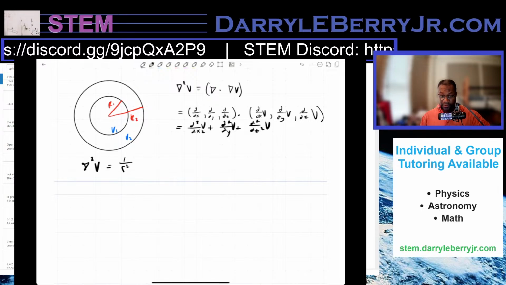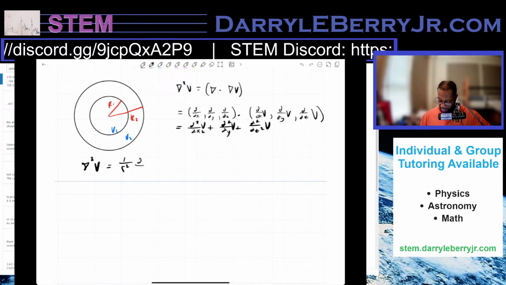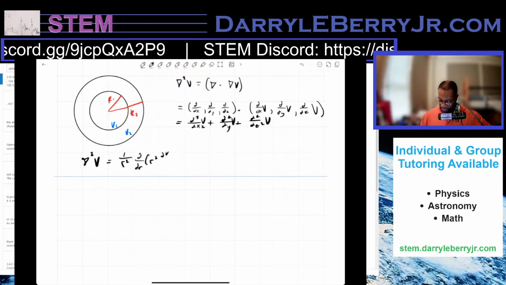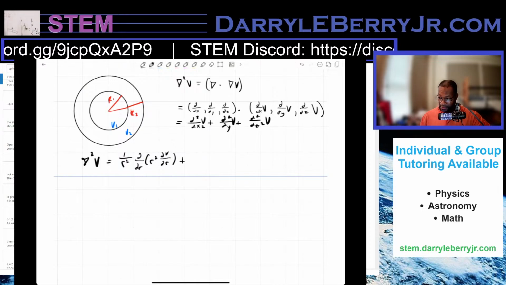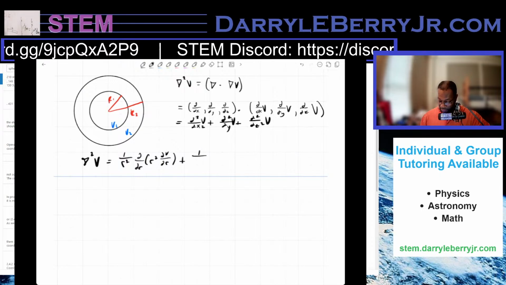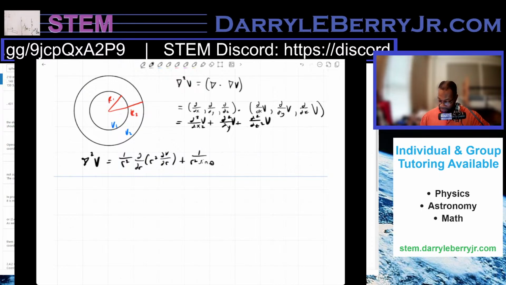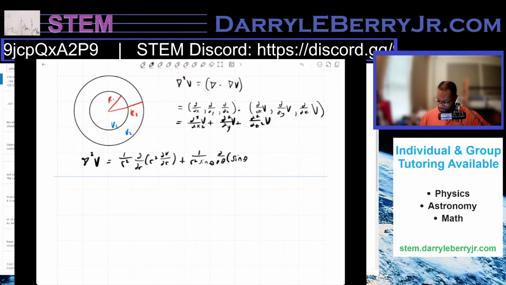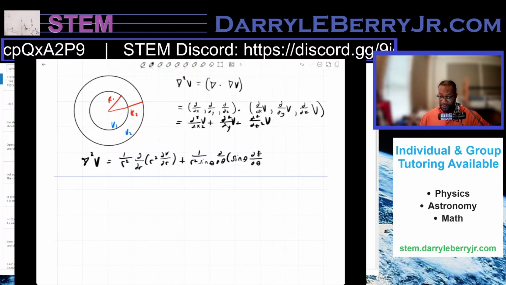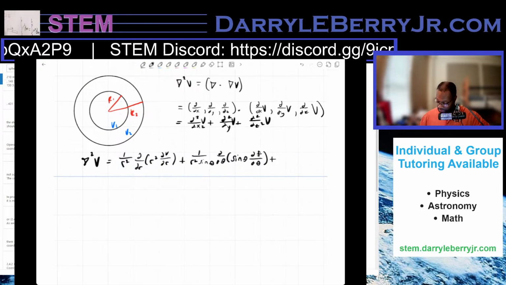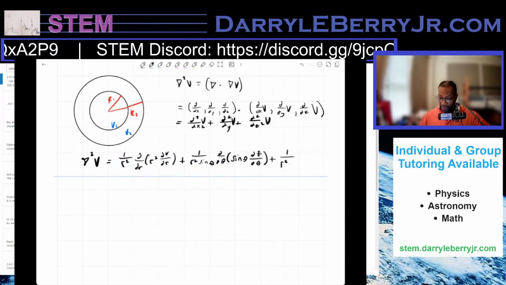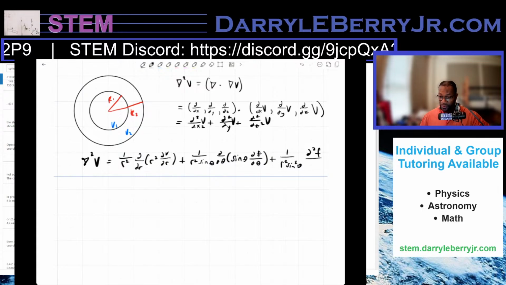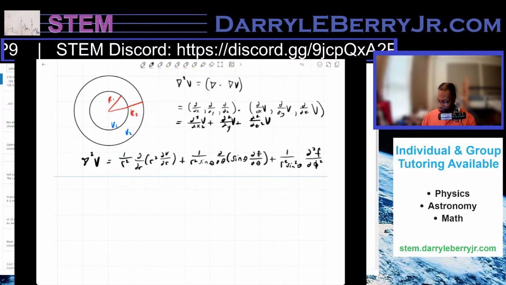That's 1 over r squared, partial with respect to r, r squared, partial V, partial r, plus 1 over r squared sine theta, partial with respect to theta, sine theta, partial f, partial theta, plus 1 over r squared sine squared theta, partial squared f over partial psi squared.